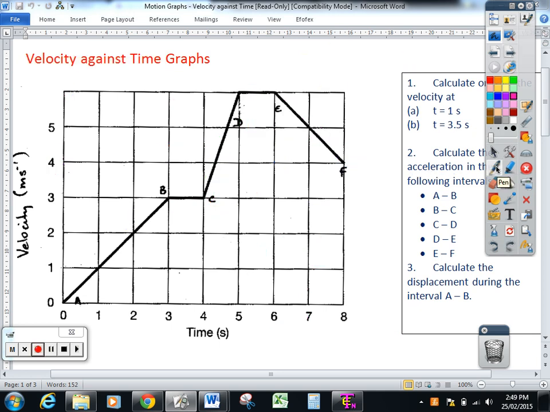The area under a velocity versus time graph equals displacement. There's the definition. So you can actually work out how far it has moved during this time. Now remember, it's either moving forward or it's moving back. So when you're doing this, you have to use common sense.